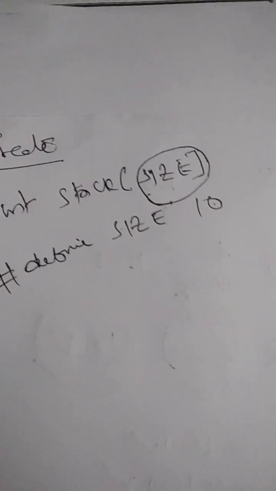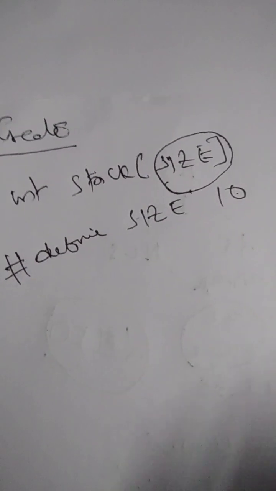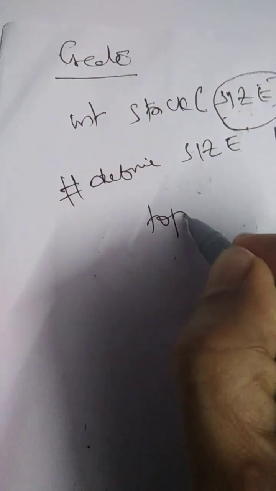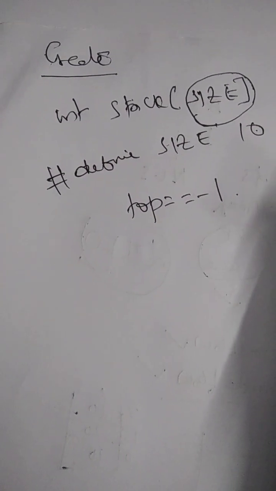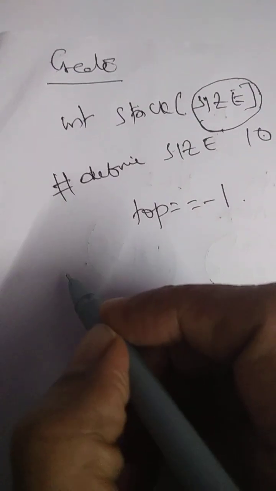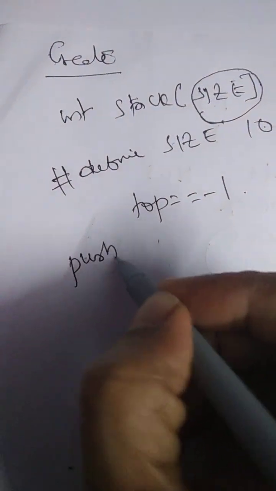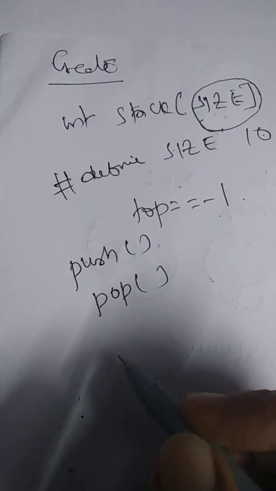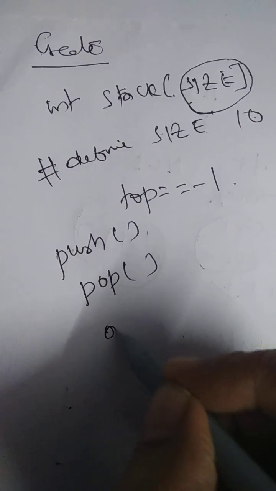Now we have created a one-dimensional array, and you have to create one more variable, that is top equal to minus 1. That means the stack is empty. Now you can use the push function for pushing the elements, the pop function for the pop operation, and the display operation to display the elements.